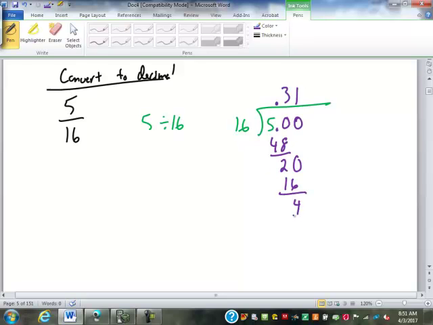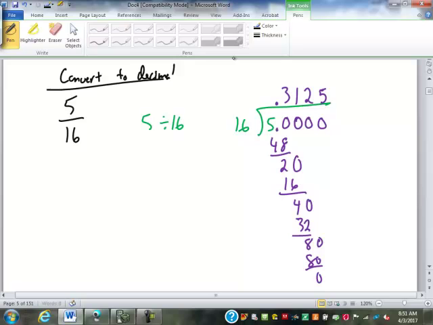There's 4 left. Add another 0. Does 16 go into 40? How many times? Twice. 2 times 16 is 32. There's 8 left. Add another 0. Bring it down. 16 goes into 80. Careful. 5 times 16 is actually 80. So we get 0. So 0.3125, and it comes out exactly. We stop there.